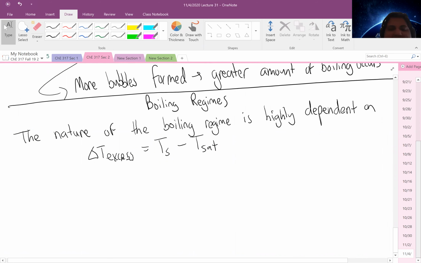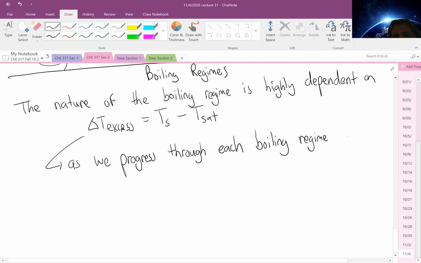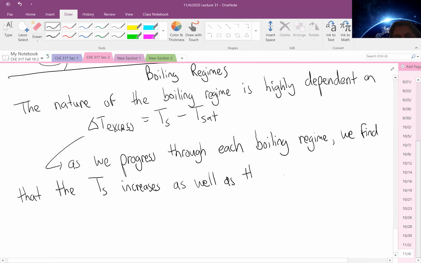And so I'll write that down and say it again. As we progress through each boiling regime, we find that the surface temperature increases, as well as the delta T excess.